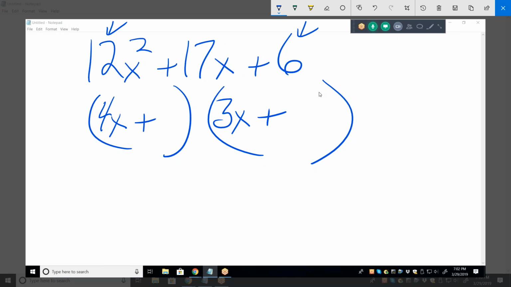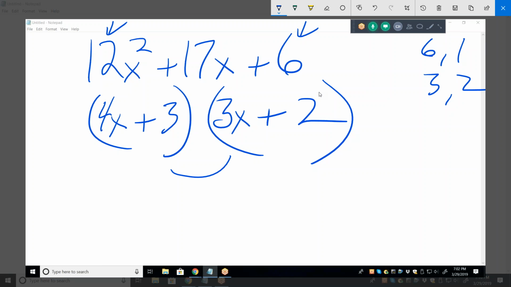Okay, yeah. Now you're going to do factors of 6. Well, we've got 2 possibilities. Those 2 over there. And we got to get to 17. Well, if I try 3 there and 2 there, what's that get us to? 18.